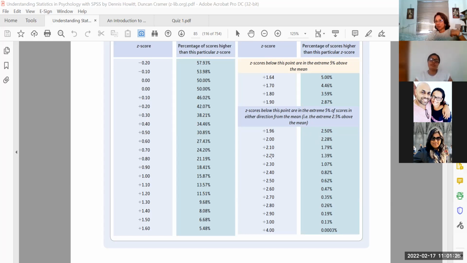If your Z score is 2.2, that means 2.2 standard deviations above the mean, you're in the top 1.39%. Correct? There's only 1.39% of the world's population who has IQ scores higher than you.